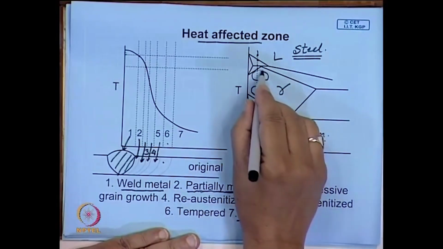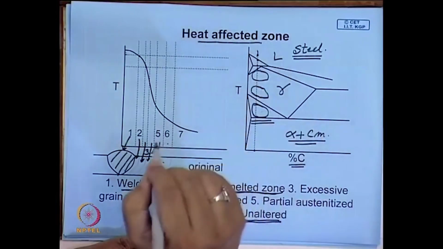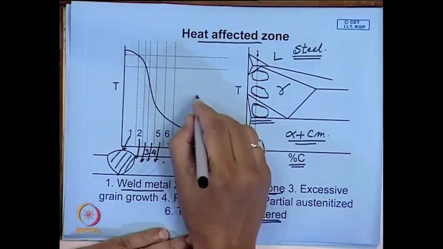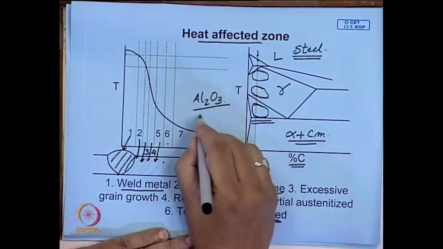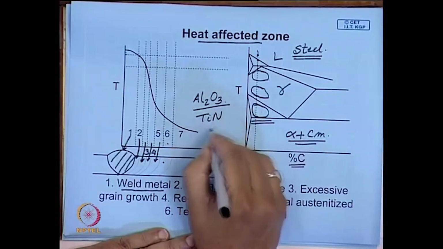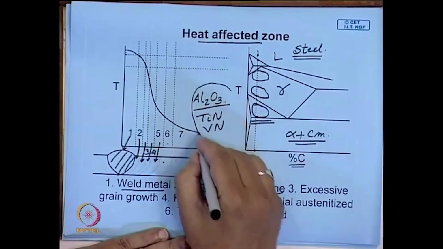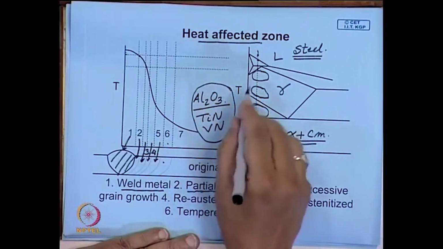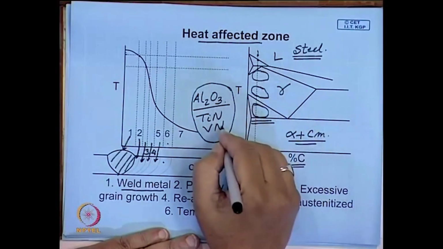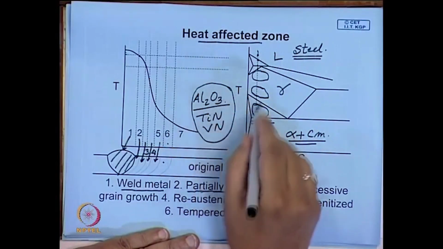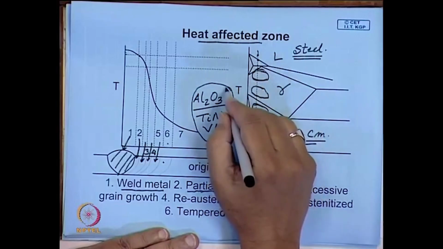Then this is a region where, in many steels, you have particles like alumina inclusions, titanium nitride, vanadium nitride, carbides, aluminum nitride, and they are very good at inhibiting grain growth, but they also dissolve beyond a particular temperature, and when you heat it over here these precipitates also dissolve.